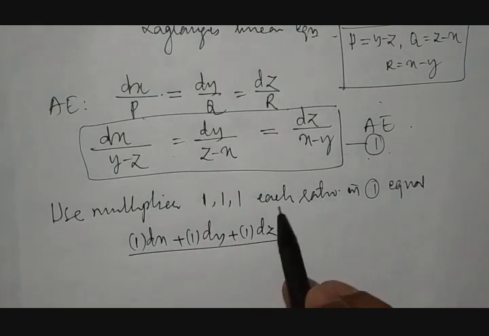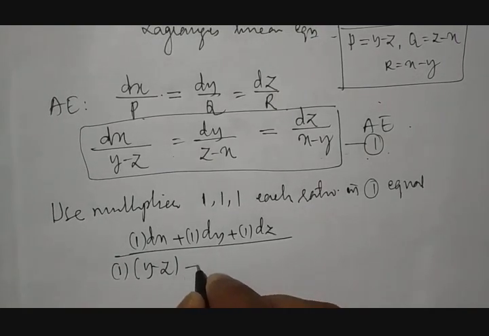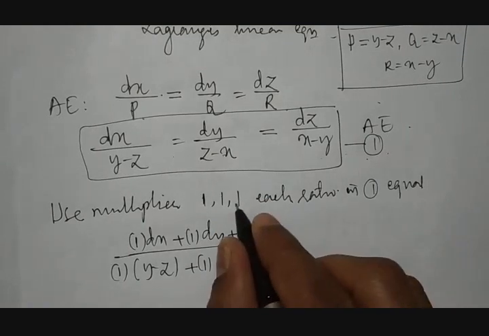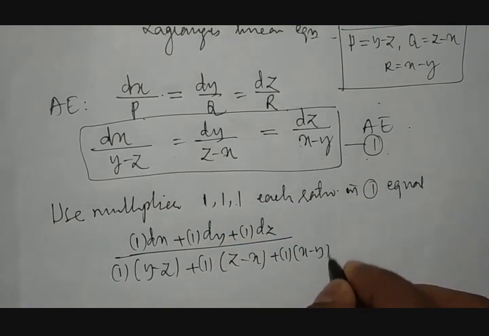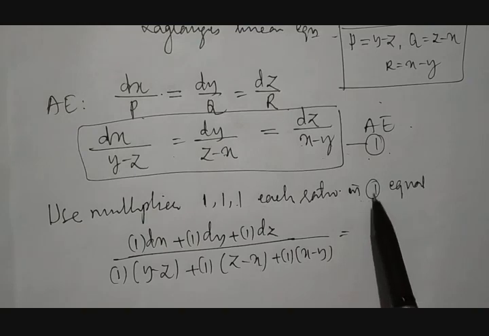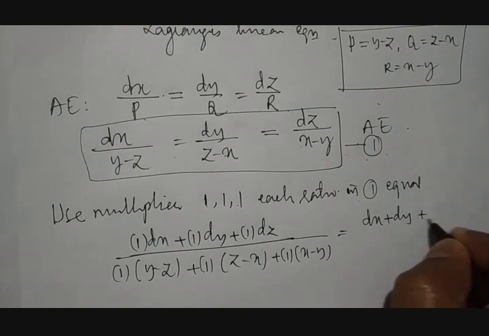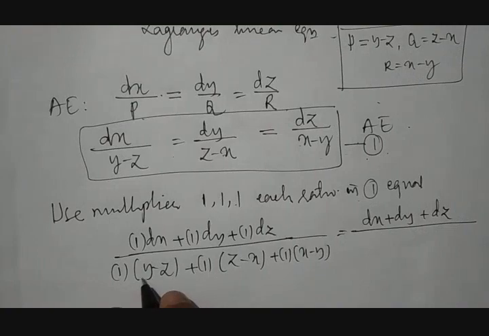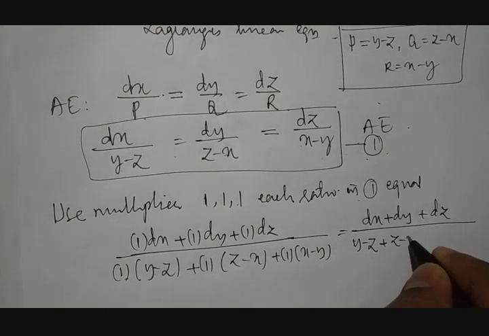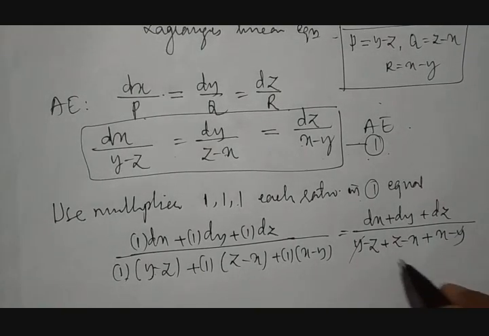Then the denominator will also be added with the same multipliers: 1 into y minus z plus 1 into z minus x plus 1 into x minus y. Since the multipliers in each ratio of equation number 1 are equal, this result is dx plus dy plus dz, which is equal to y minus z plus z minus x plus x minus y.